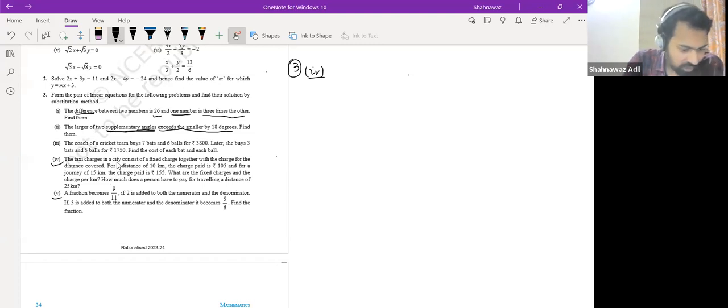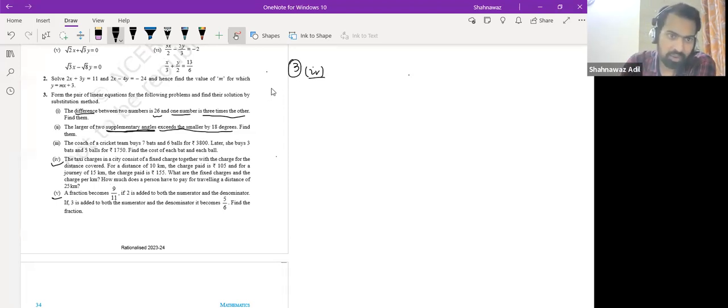So whenever you hire a taxi, it has some fixed charge, and then you pay a per kilometer charge. So this is the equation like that. And for a distance of 10 kilometers, the charge paid is 105. And for a journey of 15 kilometers, the charge paid is 155.